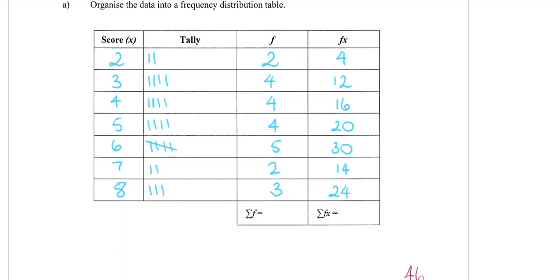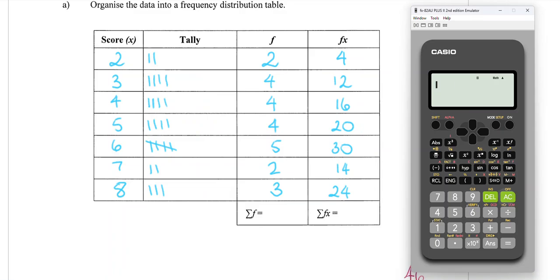Okay, the last two boxes down the bottom, I need my calculator because I have to add up this symbol here, which is sigma, means you want to add up all of those numbers. 2 plus 4 plus 4 plus 4, all those, add them up.